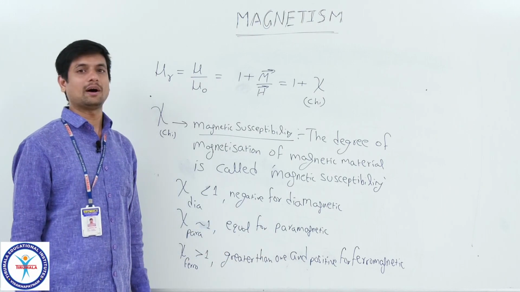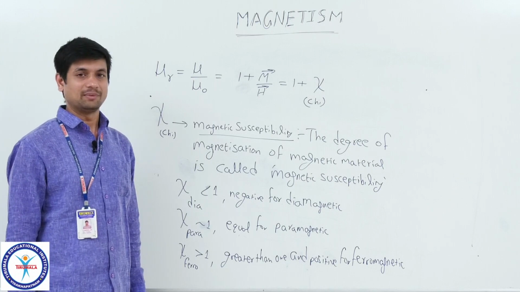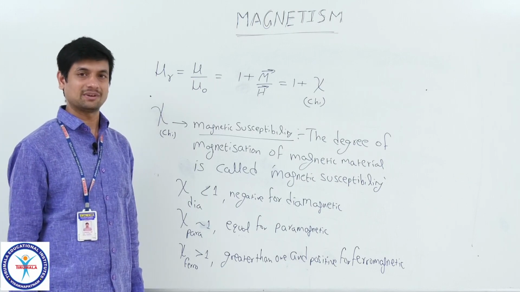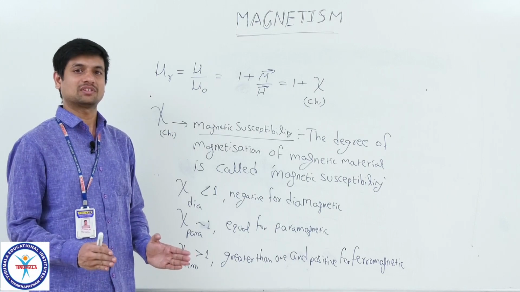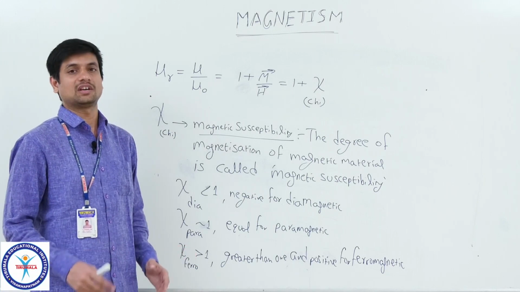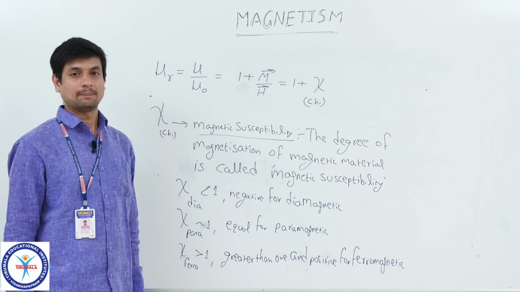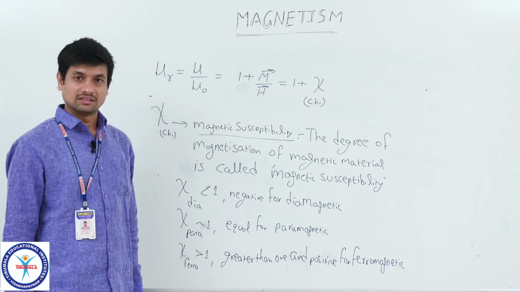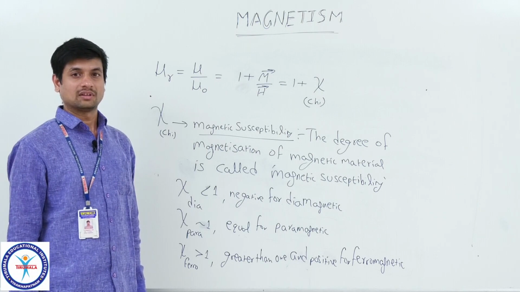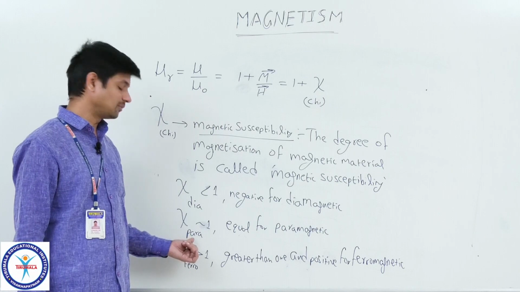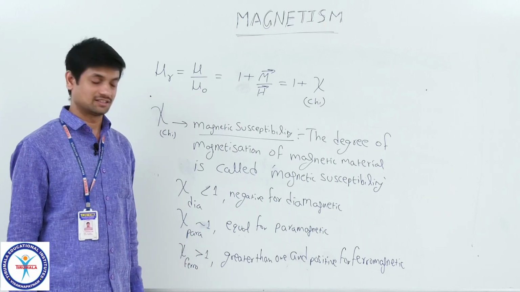Even if you apply a much stronger field, the material cannot be permanently magnetized. It just acts as a magnet for strong fields, not even for weaker fields. Paramagnetic examples are aluminum, platinum, sodium and potassium.